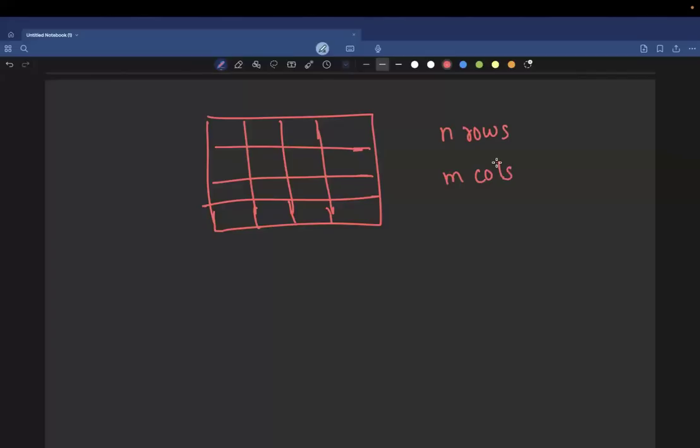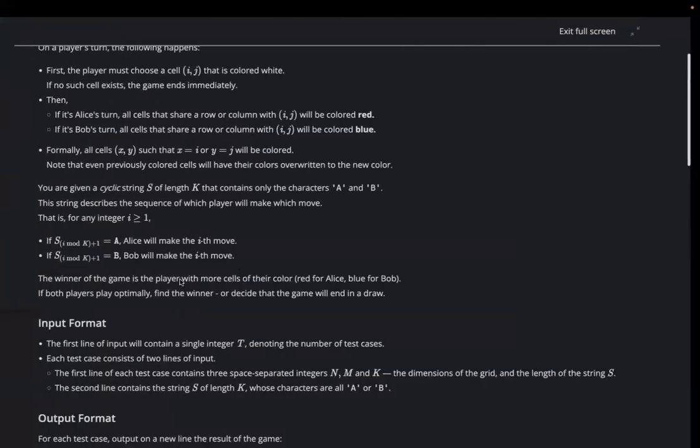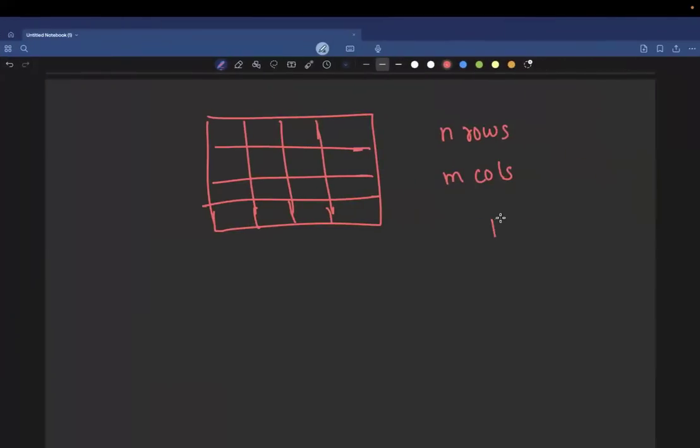And there is a sequence given to us of length k. The sequence can be something like A B A B A B or anything can happen in the sequence. It's just that the characters would be nothing other than A and B.